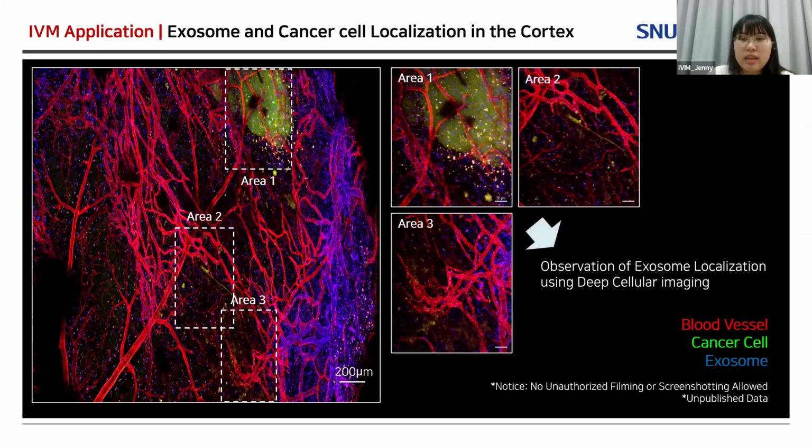This indicates that the exosomes co-localized with those cancer cells in the cortex, suggesting that they effectively distributed to and bound to their target cells, confirming their targeting efficiency. These findings also highlight the potential of intravital microscopy as a very powerful tool for evaluating nanocarrier-based drug delivery systems and advancing brain-targeted therapeutic strategies.